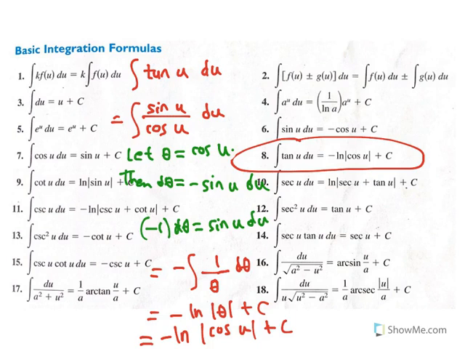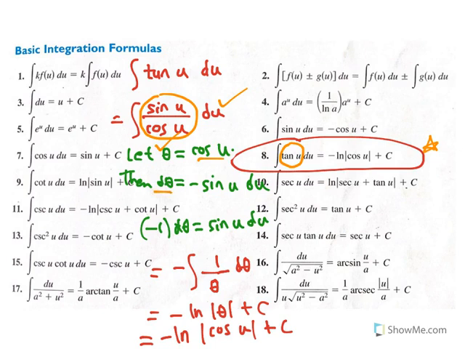And here is just to remind you where this particular integration rule comes from. All we do is rewrite tangent of u using a quotient identity as sine of u over cosine of u. And then we do integration by substitution. Since we already are using u, I'll let theta be equal to cosine of u.